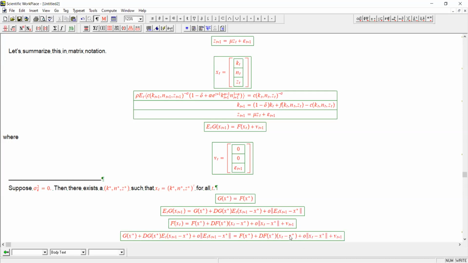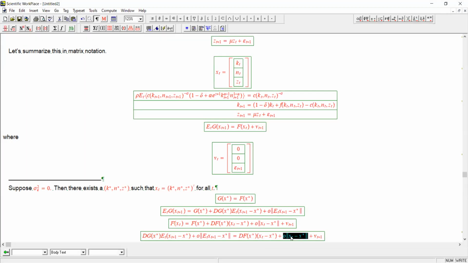We can simplify things here quite a bit. How come? Well, we know that g of x star equals f of x star. So I can replace this with g of x star. And of course, if I subtract g of x star from both sides, I end up with this.